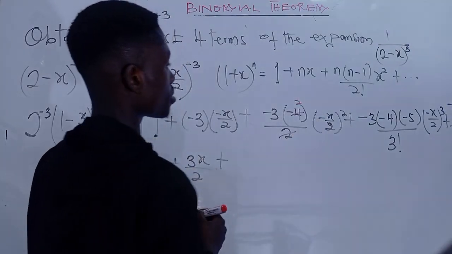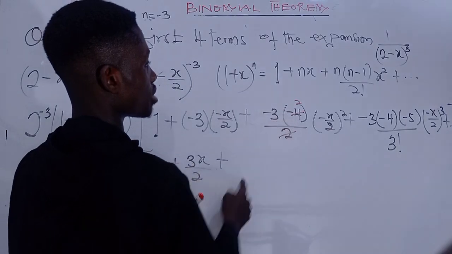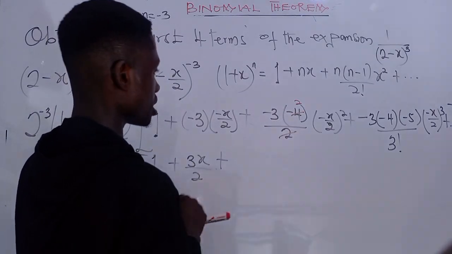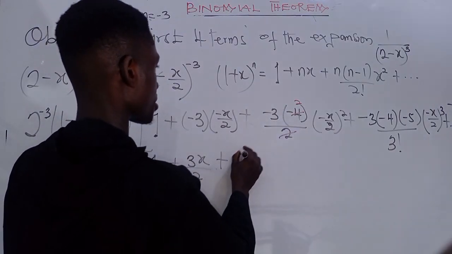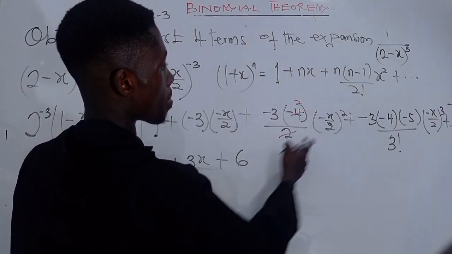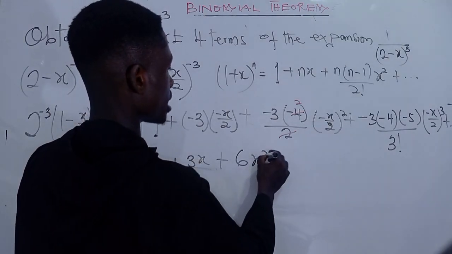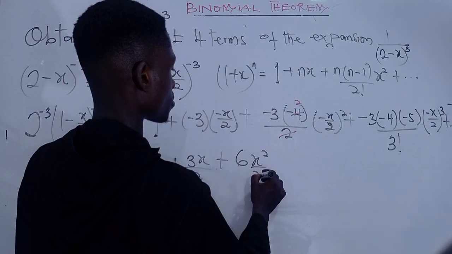So we have negative, negative will give you positive, so we have positive 6 times x squared all over 4.